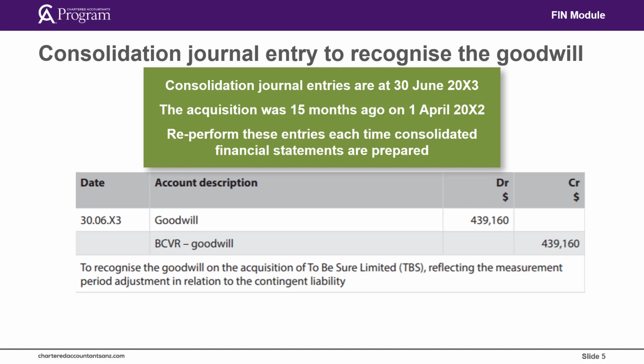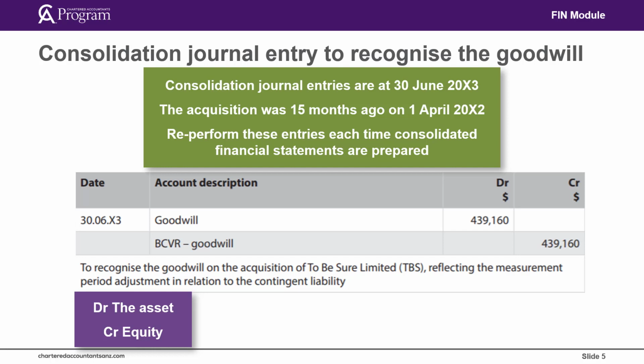The consolidation entry uses the $439,160 amount from our goodwill calculation, which was the value taking into account the measurement period adjustment. Remember, this is the full goodwill value, not the parent share. We debit $439,160 to goodwill in the balance sheet and credit the consolidation suspense account called the BCVR account, or the business combination valuation reserve. This suspense account sits within equity, and we will start to eliminate it in a later consolidation entry.